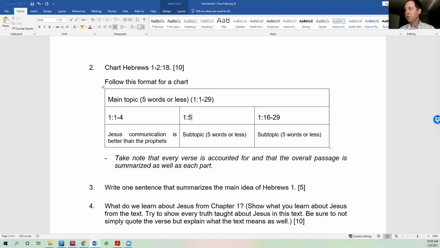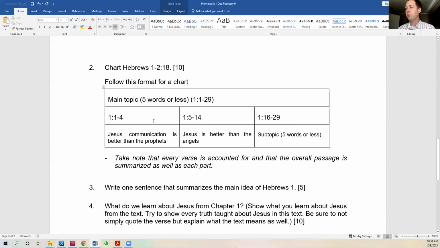The next section would start with verse 5, and you read through and keep going all the way to the end, through verse 14, which is all about the angels and how Jesus is better than the angels. That would be your topic there. You'll notice this is 6 words, this is 7 words.